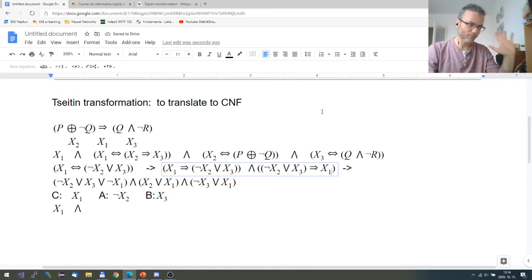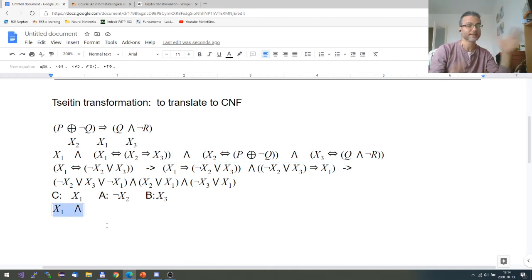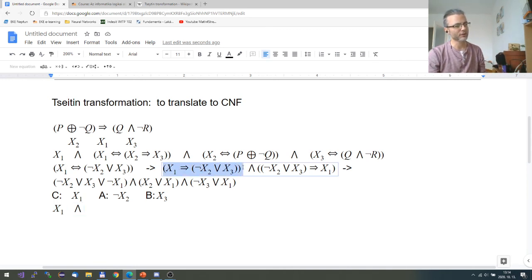Okay, and now what am I doing? So far my formula looks like this. This is my CNF formula so far. X1 appears only with positive polarity, so without negation. Therefore, I keep only this implication. And I completely forget about the second implication.